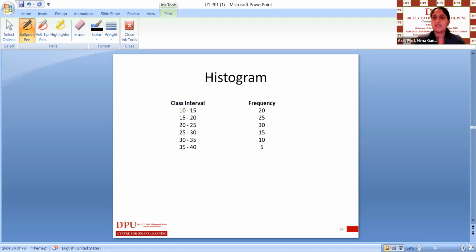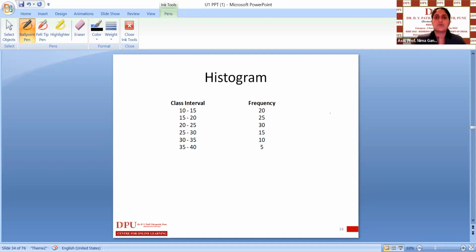And the third way is when your data is grouped, or when your data is discrete or continuous, you can represent it in a grouped frequency distribution, in which you have the groups in the first column and respective frequency in the second column. So 3 ways: individual observations; second, individual numbers in the first column and respective frequency in the second column; or third, groups in the first column and respective frequency in the second column.